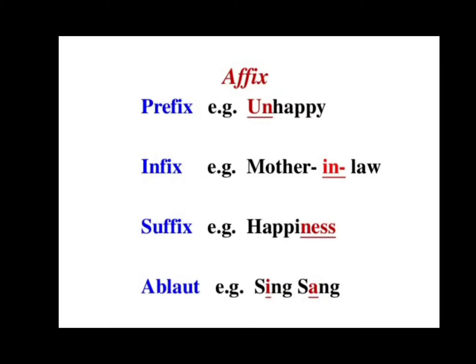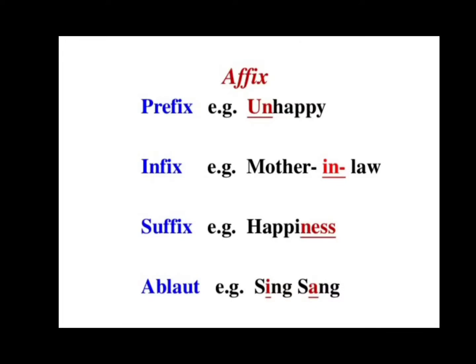Happy is a base or root and ness is a suffix. What is infix? Infixes are put in the middle of words. For example, mother-in-law, father-in-law, the in that occurs in the middle; these are called infixes.